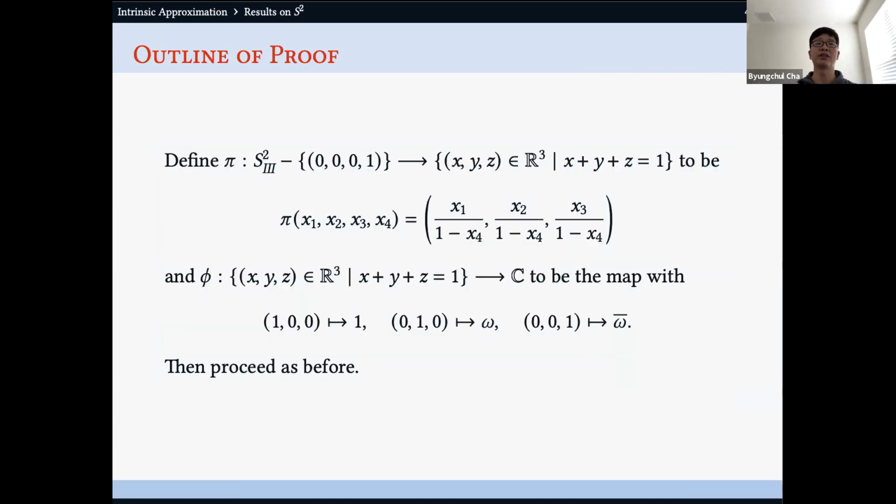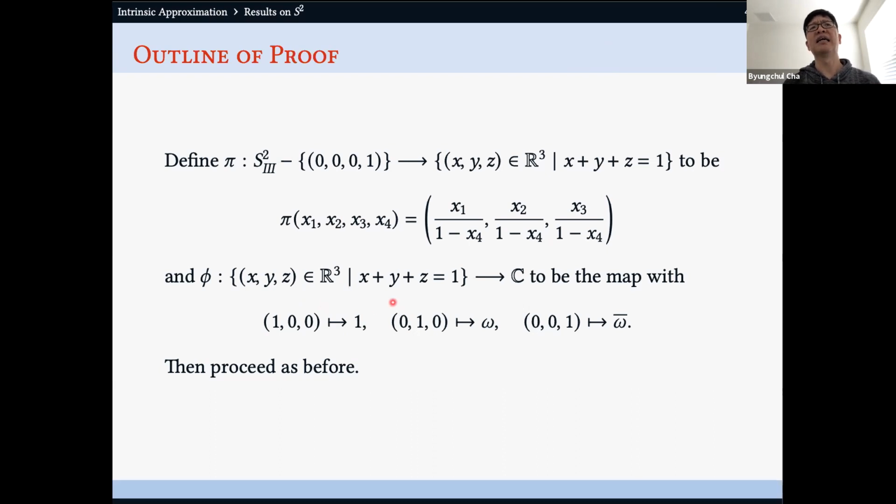I need to tell you what the stereographic projection is. And in this case, we projected the plane x plus y plus z is equal to 1 onto R3 using this formula. And then after that, this is again a rigid motion followed by a little bit of a dilation or shrinkage, whatever you want to call it.